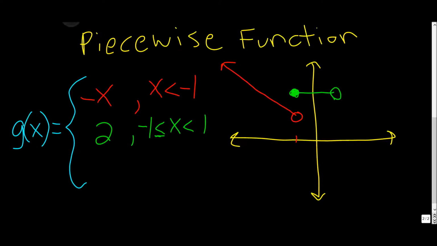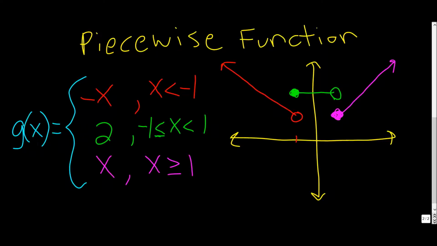Let's say that our function is going to be x, when x is greater than or equal to 1. So at this point, if we plugged a 1 in, we would get 1. So we know that we're down here, and we're shooting off in this direction. So this is an example of a piecewise function.